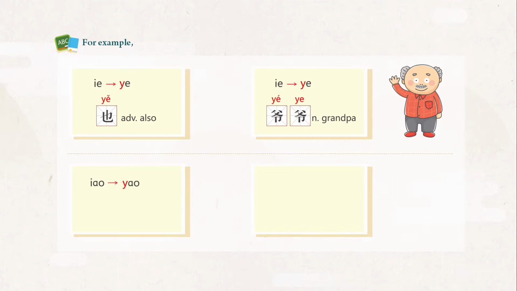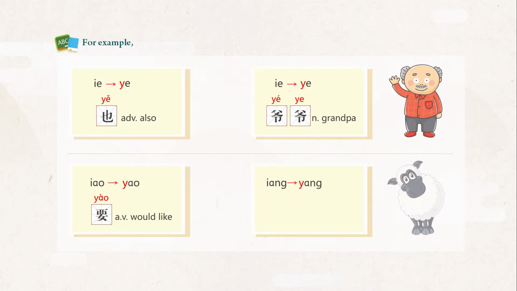We got a pinyin yao, such as word yao. Compound final iang, when iang is a syllable by itself, we directly change i into letter y. We got a pinyin yang, such as word yang.